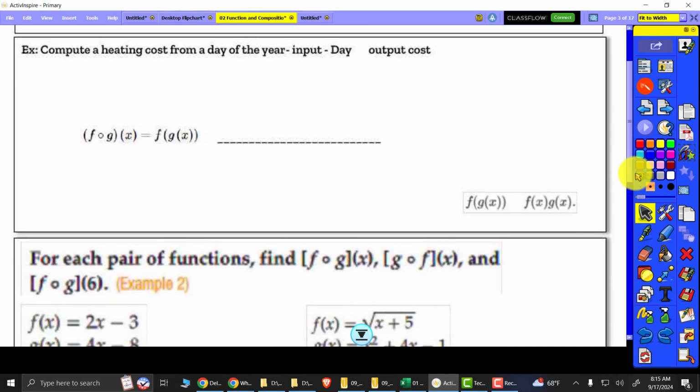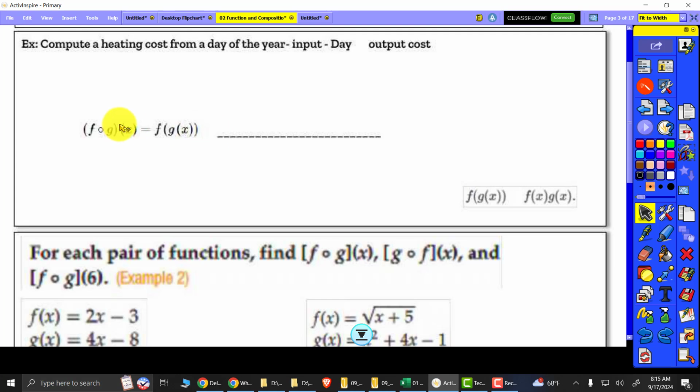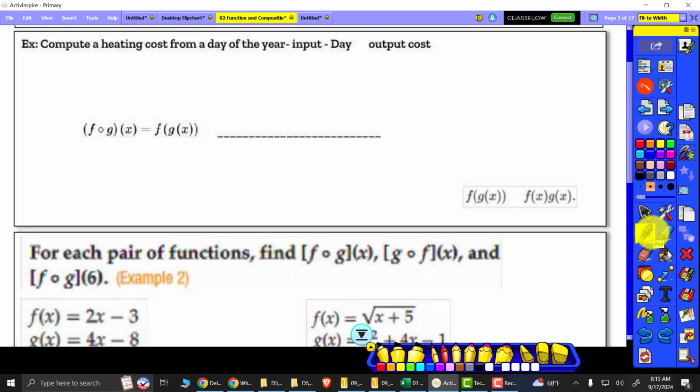Whenever you have this notation, f of g of x is the same thing as f at g of x. Note that this is not always equal. Just be careful with this. So this is what you call composition of functions.